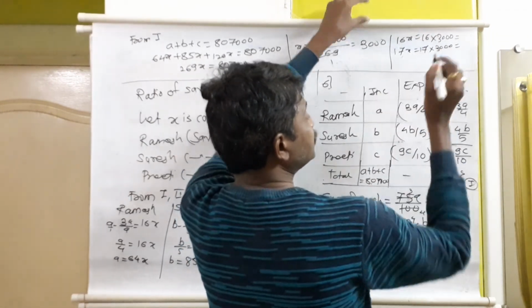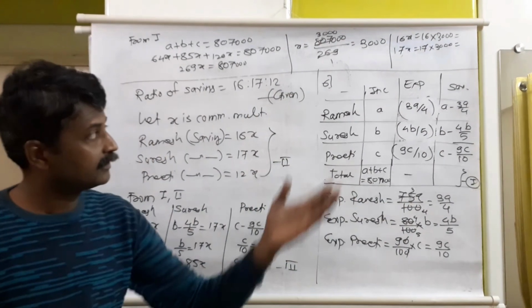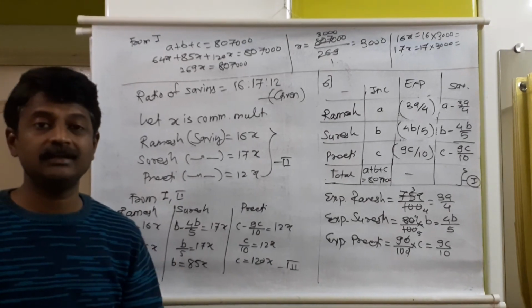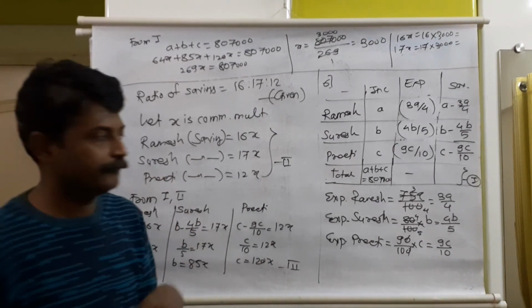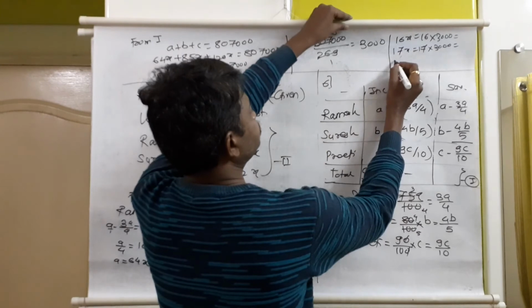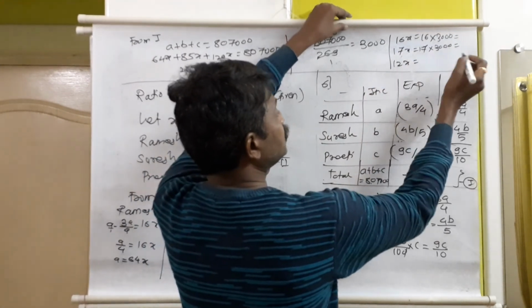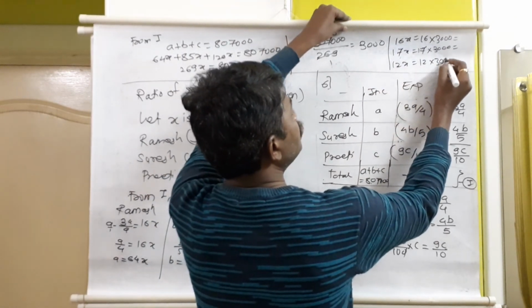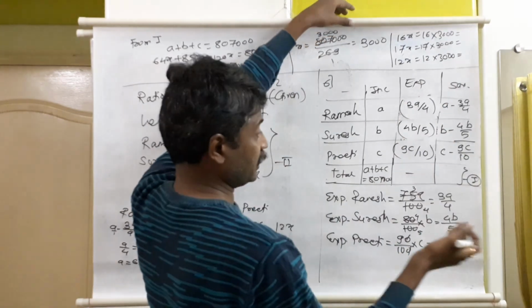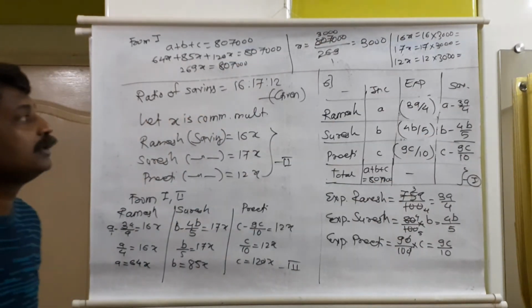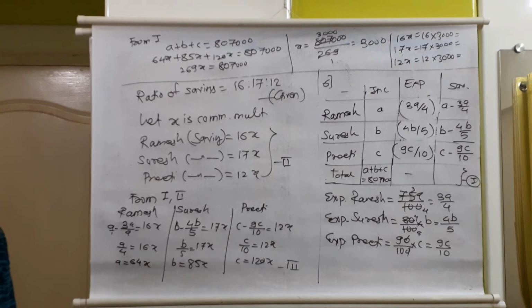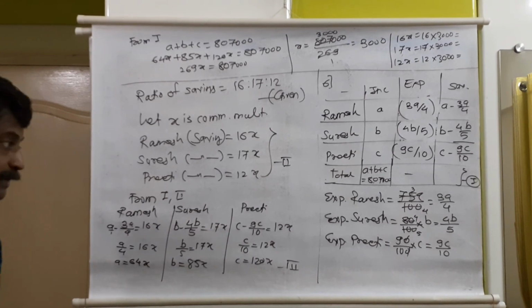It will go 17 into 3, 51. 51,000 will be the saving for Suresh. And for Preeti, it is 12x. 12x means 12 into 3000. Her spending was more, 90%. So it will be 12 3s are 36,000 rupees saving for Preeti.